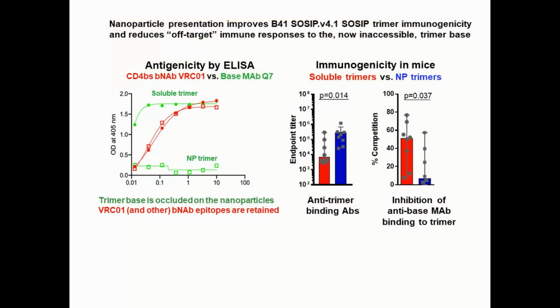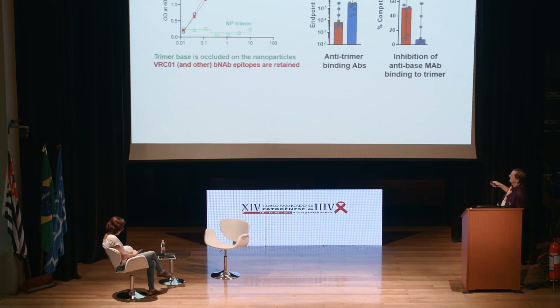And the nanoparticles, this again is the antigenicity. We've blocked off the trimer base. This is an antibody to the trimer base. So it binds to the soluble trimer, but it doesn't bind to the nanoparticle. So we can block off these immunogenic, irrelevant epitopes that we don't want, but we retain the VRC BNAb epitopes that we'd like.